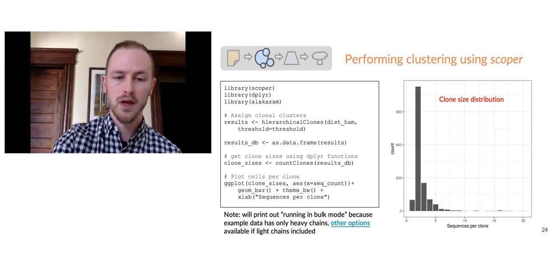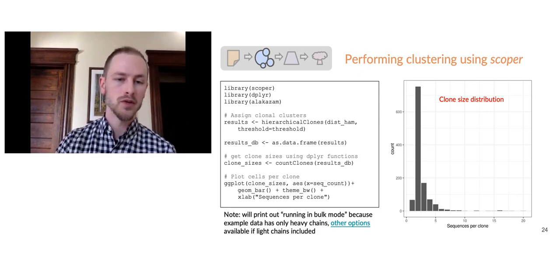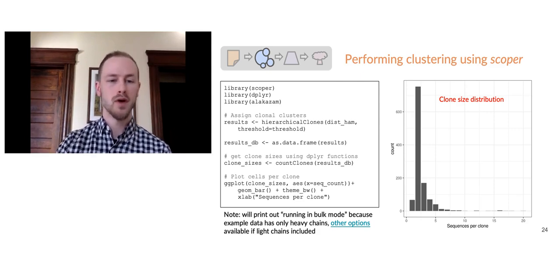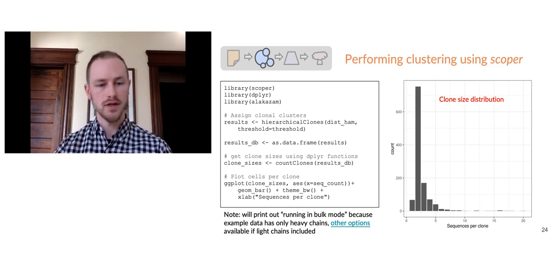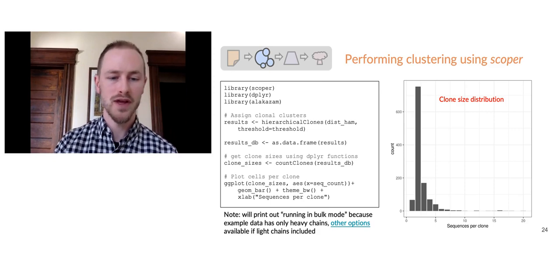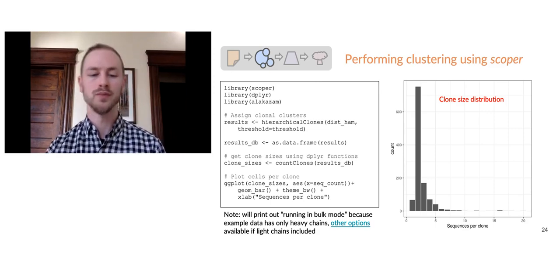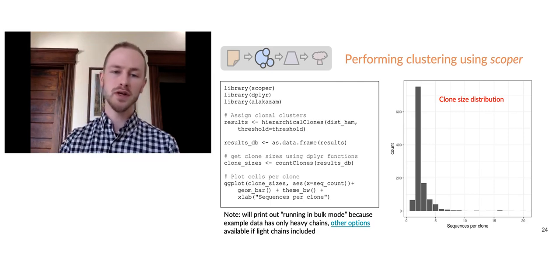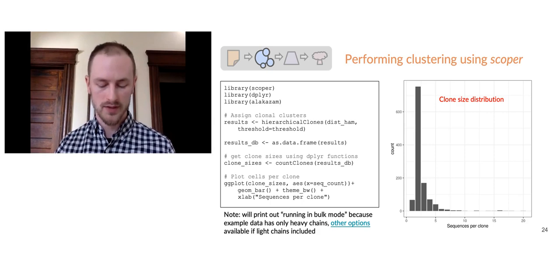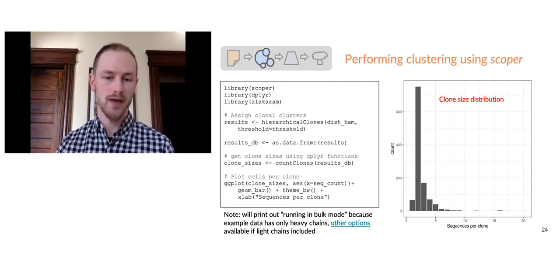Also keep in mind that when you run this command, or the hierarchical clones in Scoper, because we only have heavy chain sequences, you'll get a warning that Scoper is running in bulk mode. This is because when you're analyzing bulk data, typically you only have heavy chain sequences, and Scoper will assign clones based solely on the heavy chains.